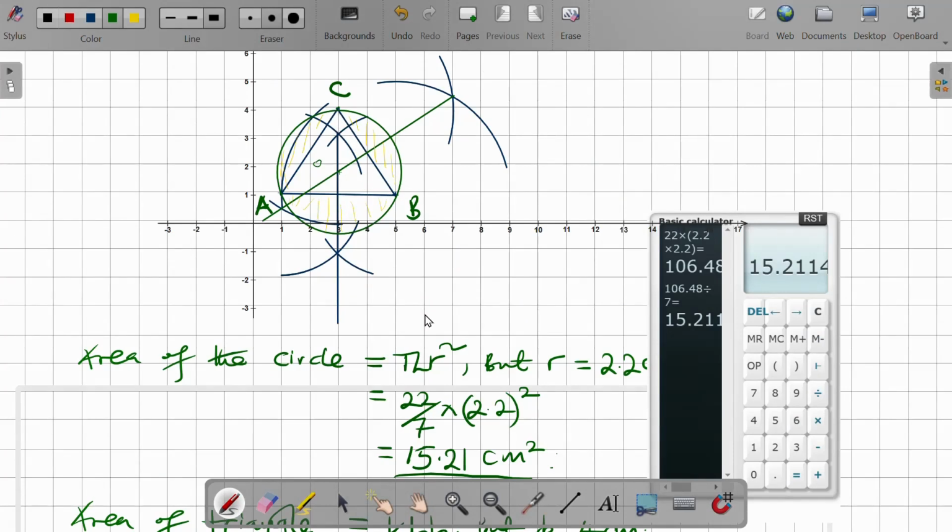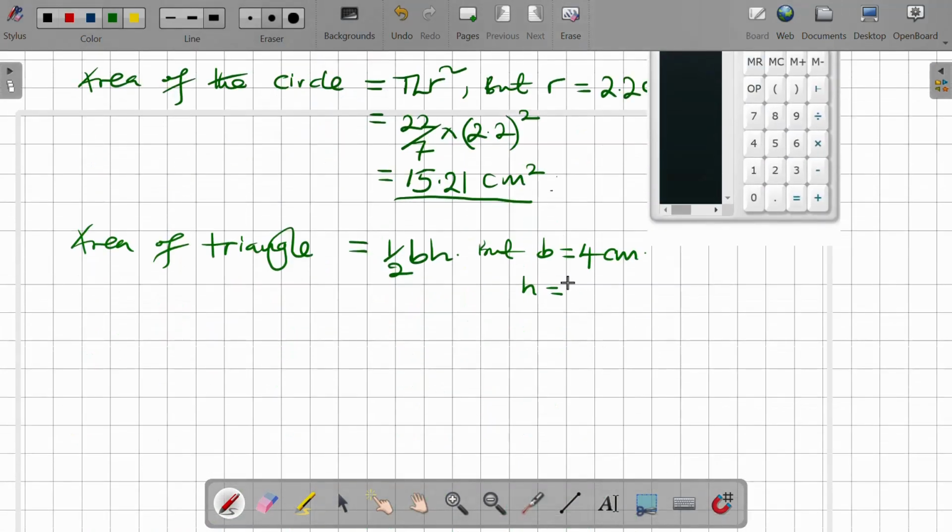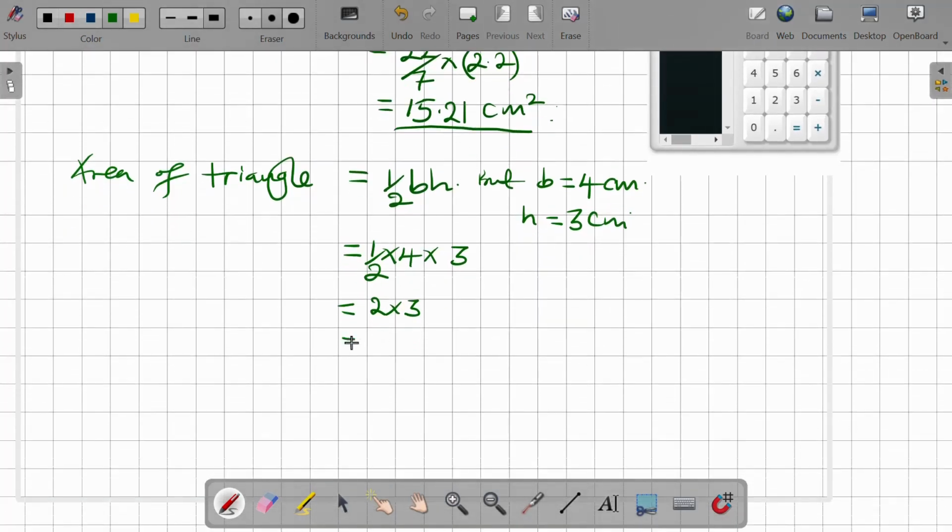Our height is 3 centimeters. So we substitute, a half multiplied by our base, which is 4, multiplied by our height, which is 3. When we multiply this by 2, 1 by 2 is 2. So we have 2 multiplied by 3, which gives us the answer as 6 centimeters squared as the area of the triangle.